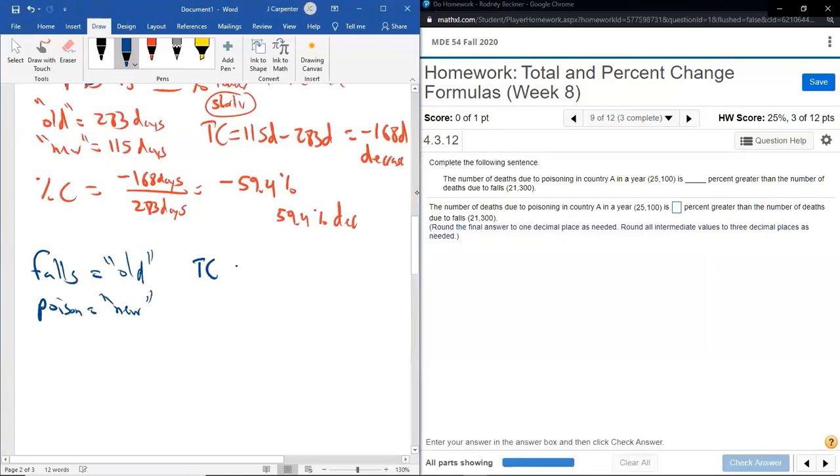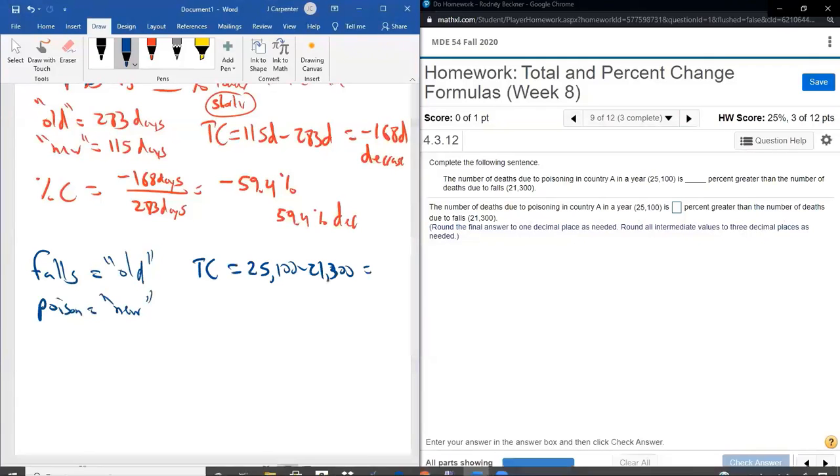So our total change would be the new minus old. I'm not going to write the numbers down this time. So the new we said was the poisoning. That's 25,100 minus the old, which was the 21,300. What's that going to be? 3,800.